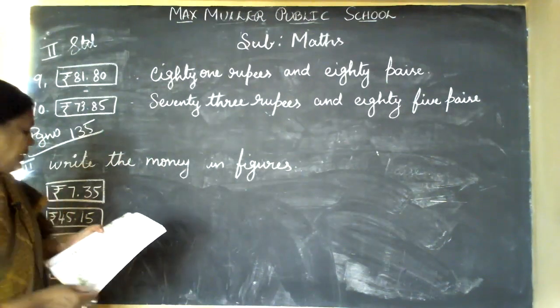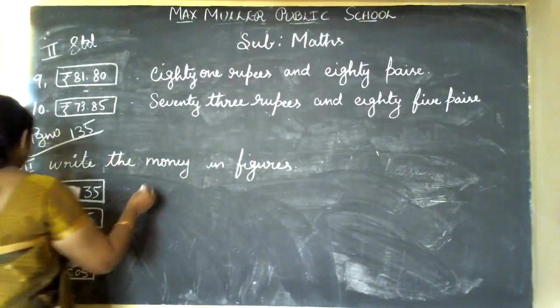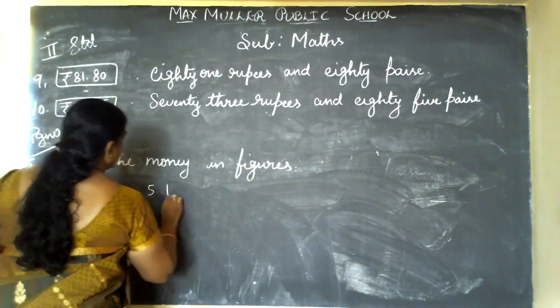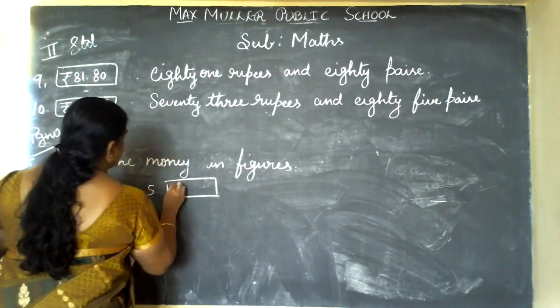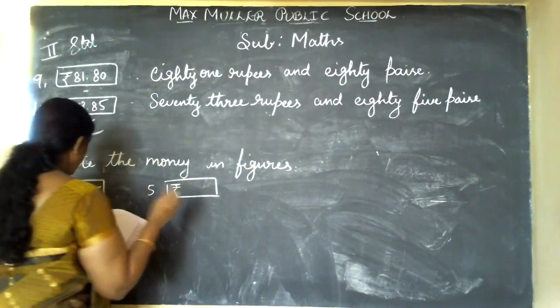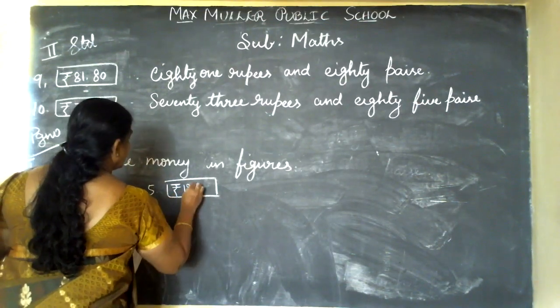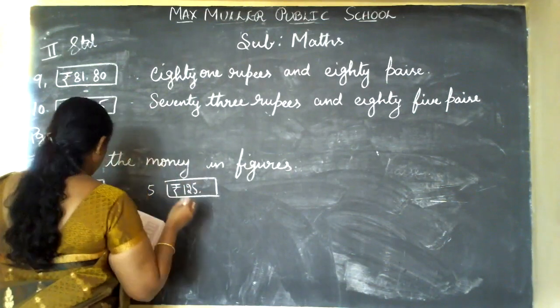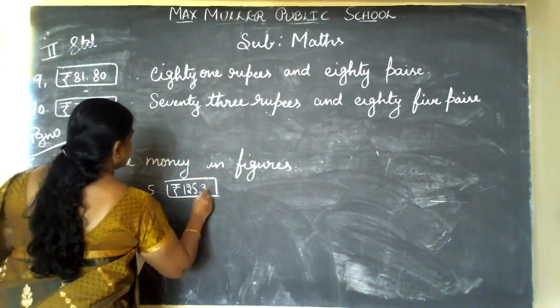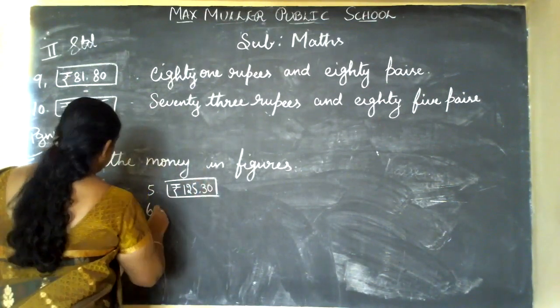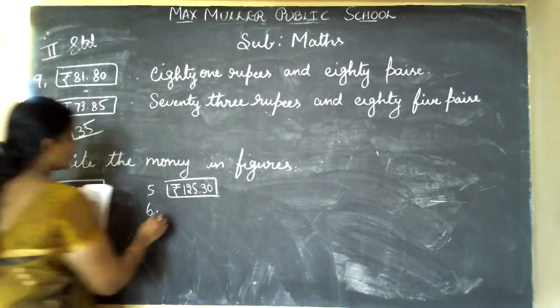Fifth one, 125 rupees and 30 paisa. Rupees sign first. Right, 125 dot 30 paisa.